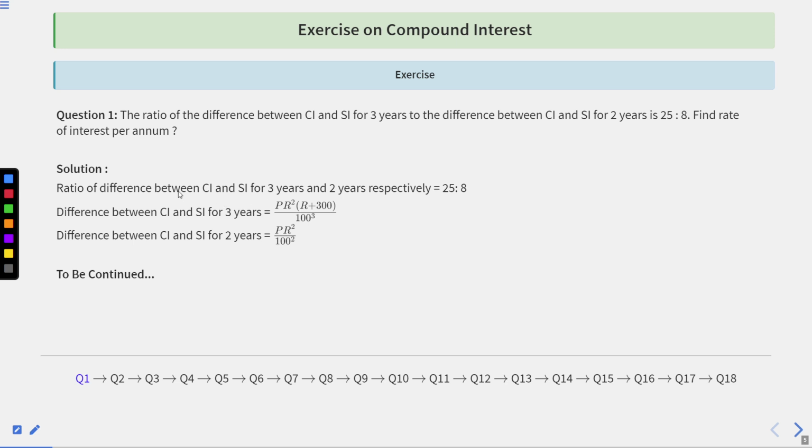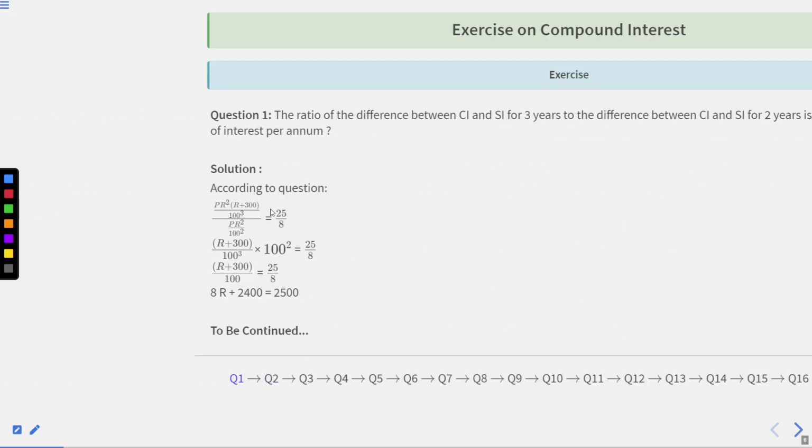The ratio of difference between CI and SI for 3 years and 2 years respectively is given to be 25:8. So the difference between CI and SI for 3 years is equal to PR square (R plus 300) upon 100 cube. This is the formula for 3 years, and for 2 years the formula is PR square upon 100 square.